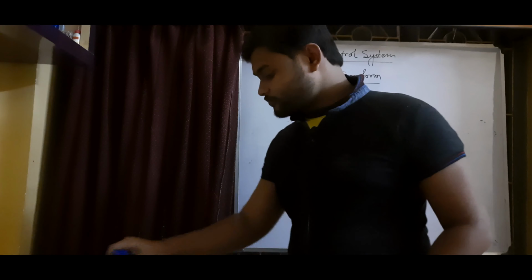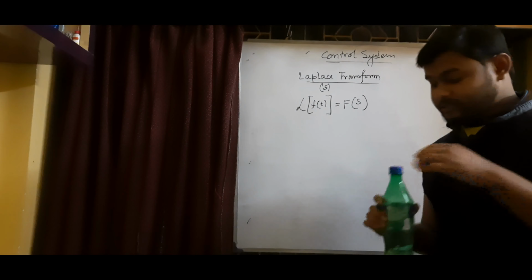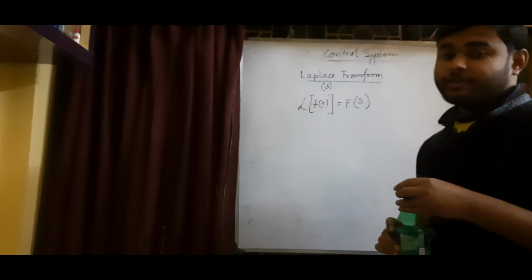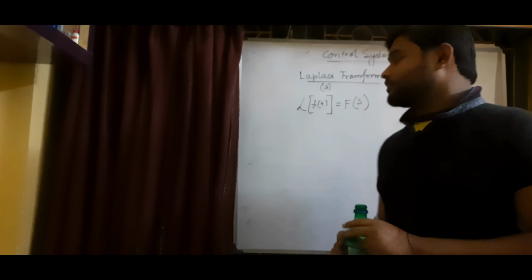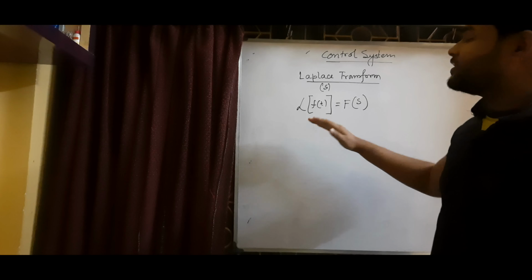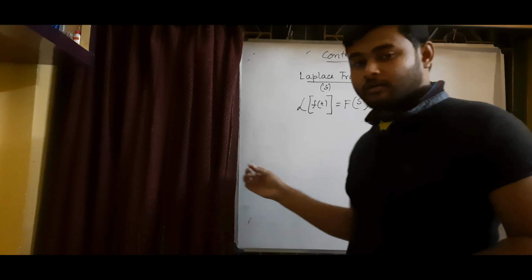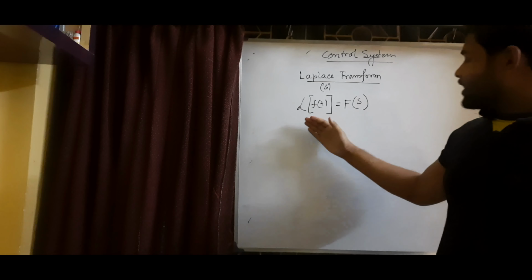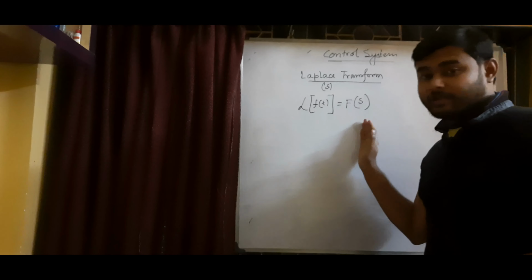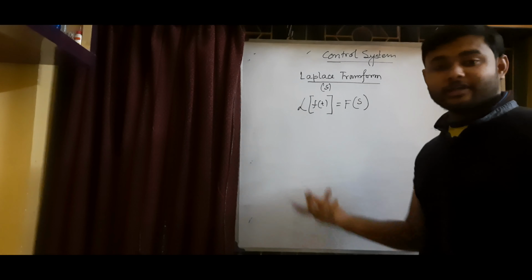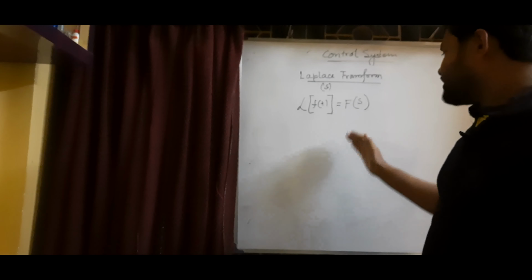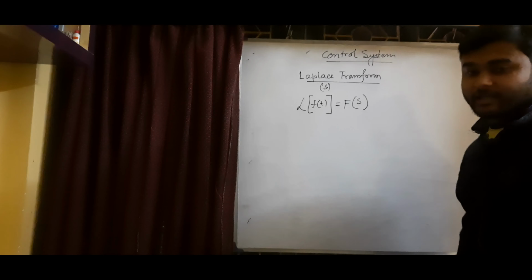Remember, this is one convention globally used: in time domain we usually use a small letter, and the corresponding Laplace domain, or if you use Fourier transform, the frequency domain, will be taken as a capital letter.